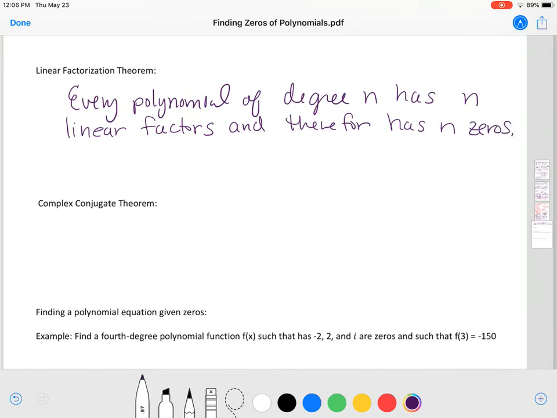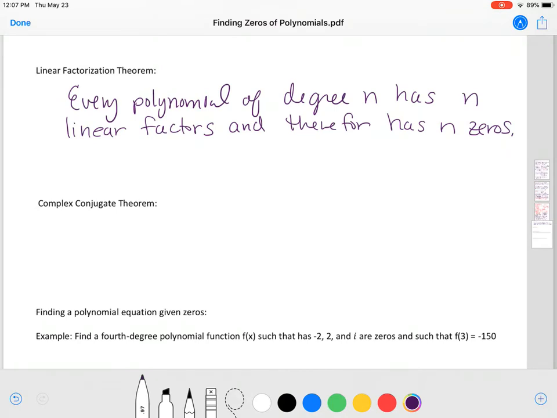So that means if you have a degree 4, then you're going to have 4 factors when you factor it out. And for each of those factors, you're going to have a zero, because you'll set each of those factors to 0 and solve for x.